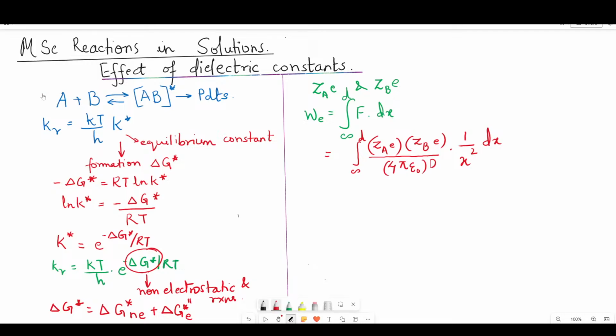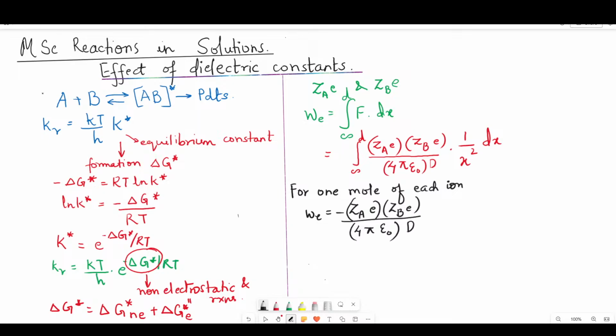If we assume this for 1 mole of each ion, the amount of work done will be given by WE is equal to minus ZAE ZBE divided by 4 pi epsilon naught D into Na divided by D. We are considering it for 1 mole, that is why we are getting this Avogadro number.